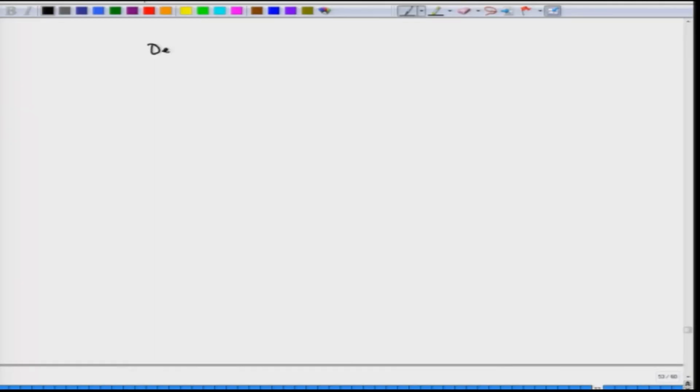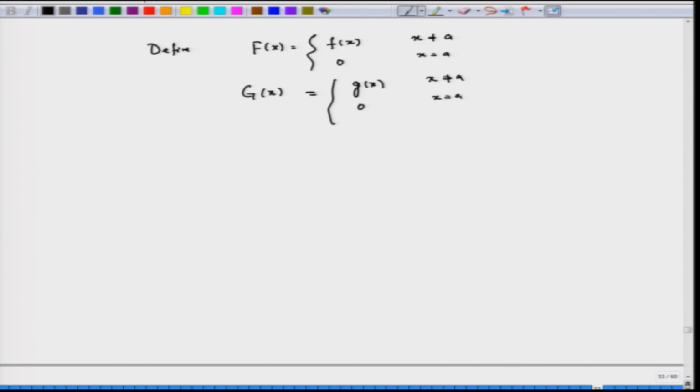So, now to prove this, define capital F of x equal to f of x if x is not equal to a and 0 if x is equal to a, and similarly we define capital G of x as g of x if x is not equal to a, and 0 if x is equal to a.